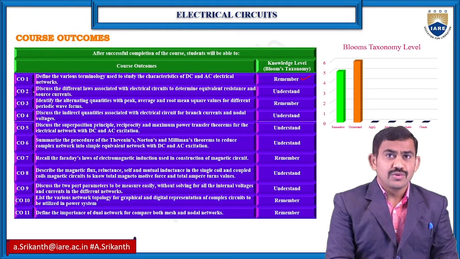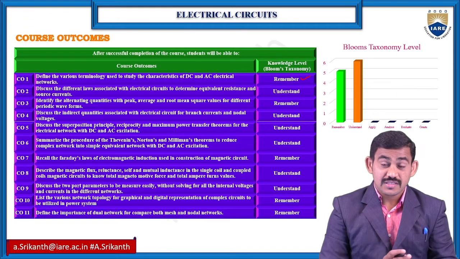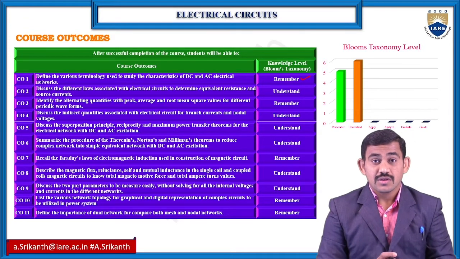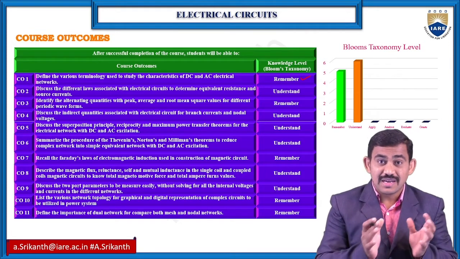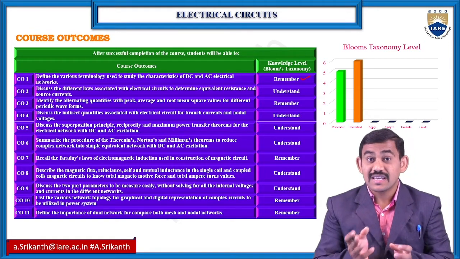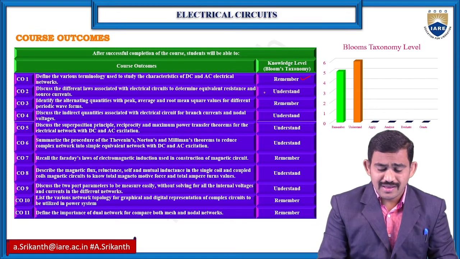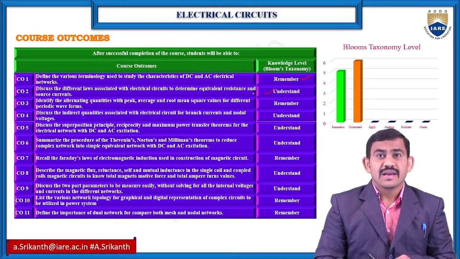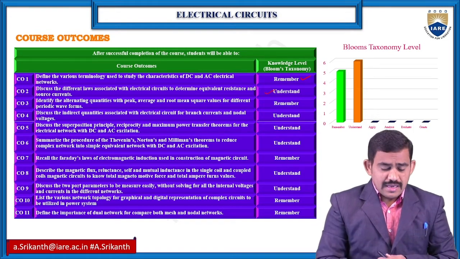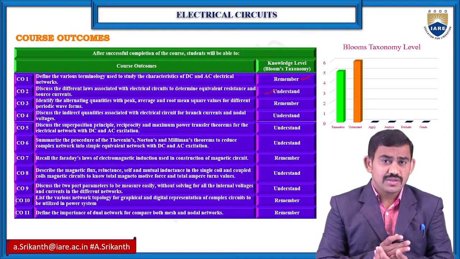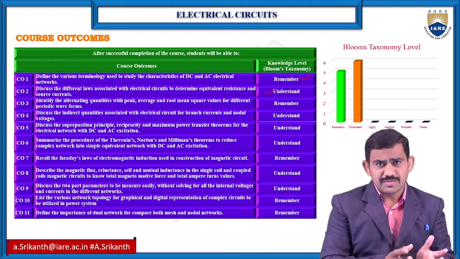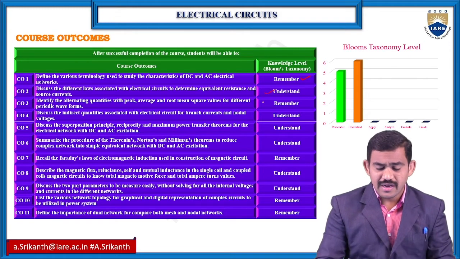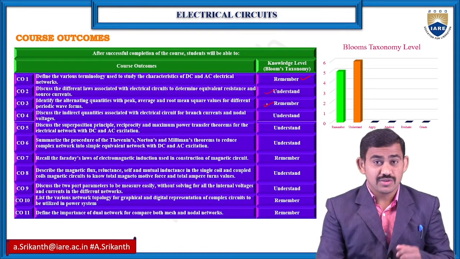And the second one is we have different laws as well as equivalent values. So there we need some understanding: what is the main concept on laws as well as equivalent values? That comes under understand. The third one is AC circuits. In that AC circuit we have different periodic waves, and we need to remember those concepts.